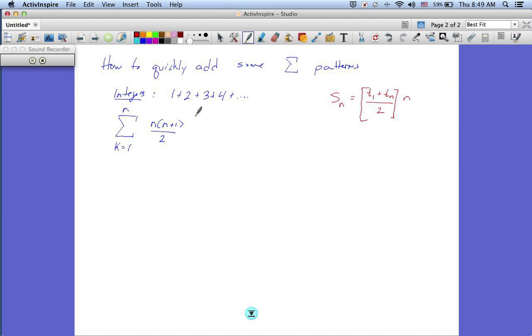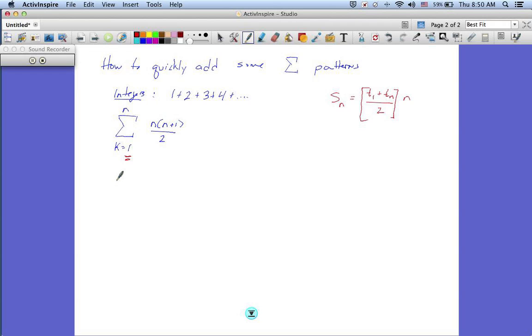Here, my first term is always 1, since k is starting at 1, my last term is n, and there are n terms, divided by 2. These formulas are dependent upon k starting at 1. Generally speaking, we can use that to derive our formula.